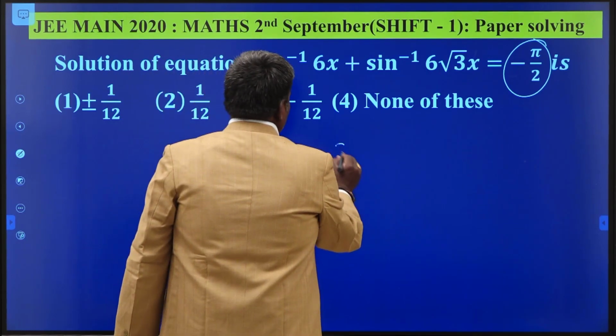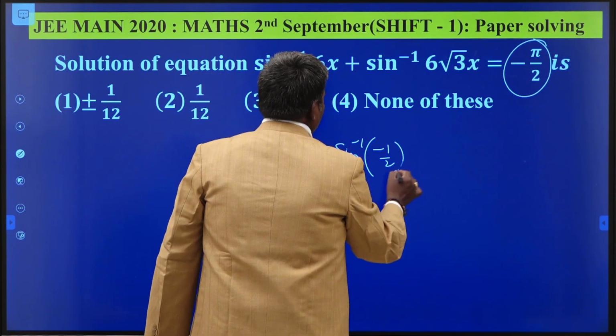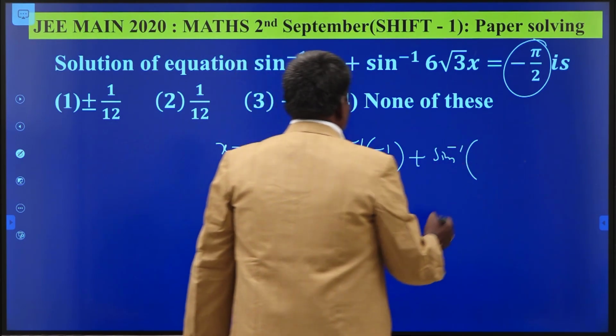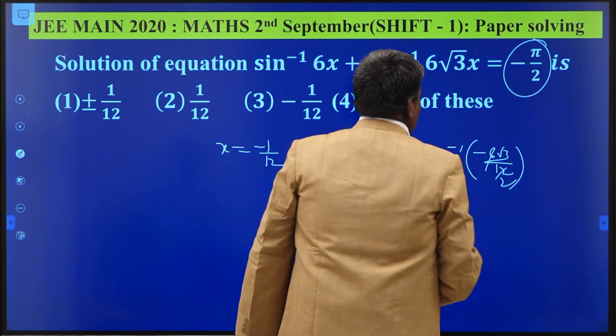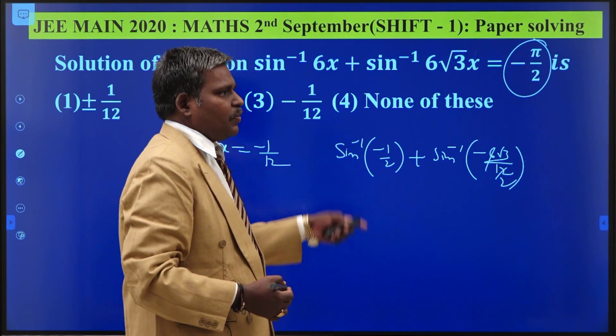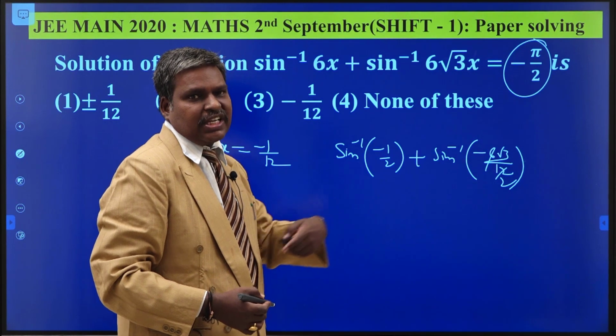What happened? sin⁻¹ of 6/(−12), that is −1/2, plus sin⁻¹ of 6√3/(−12), that is sin⁻¹ of −√3/2. What is the domain for sin⁻¹x? −1 to 1.